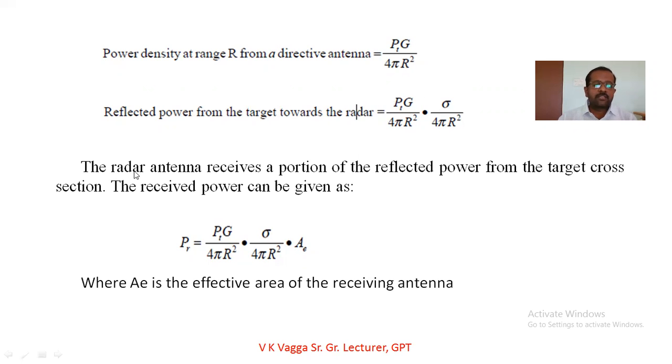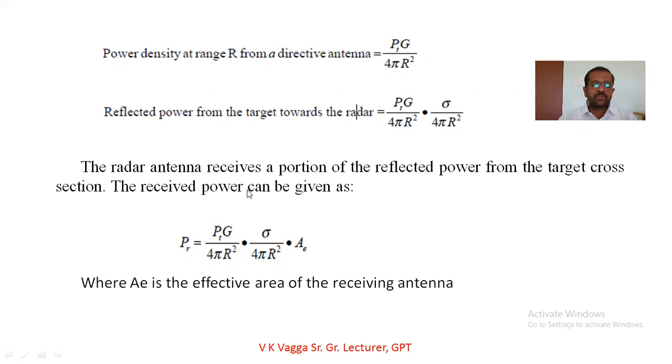Okay, and the radar antenna receives only a portion of the reflected signal. How much of the portion it receives is decided by the antenna size. So the radar antenna receives a portion of the reflected power from the target cross section.